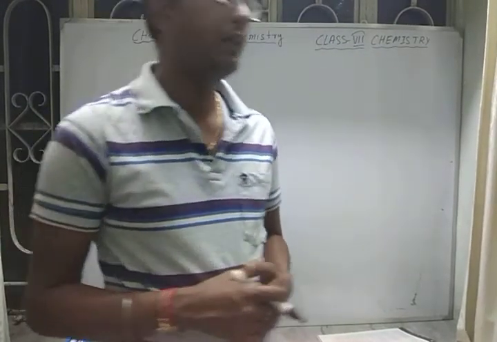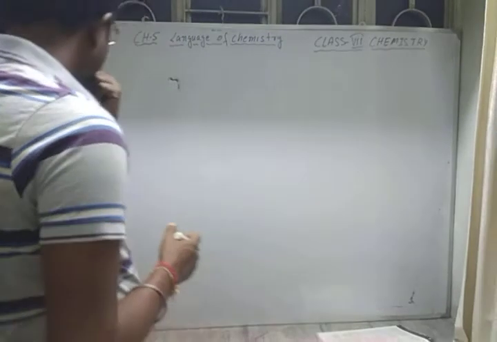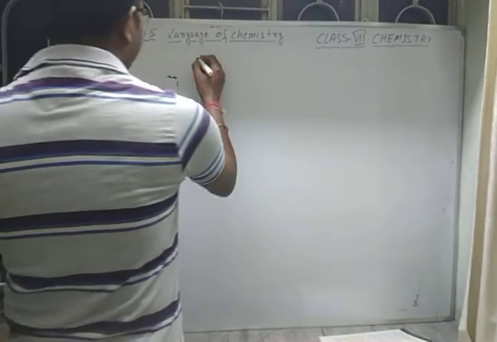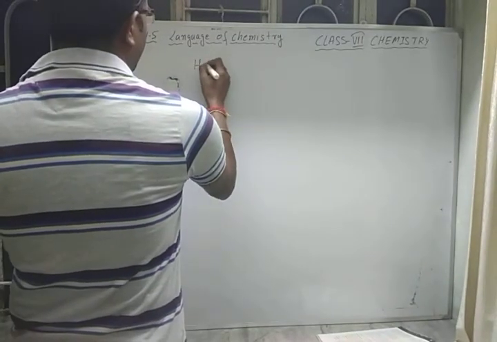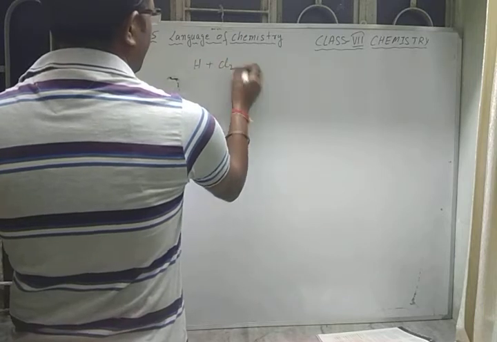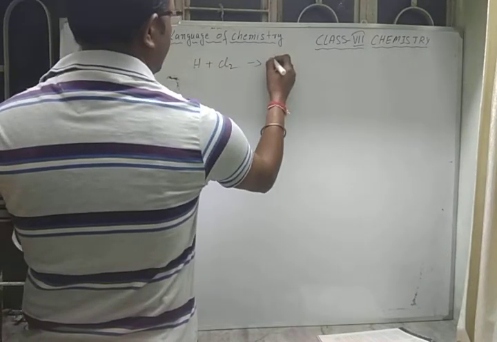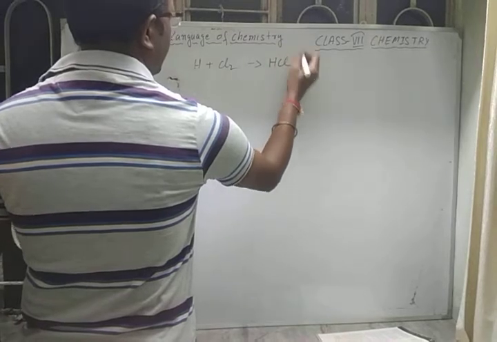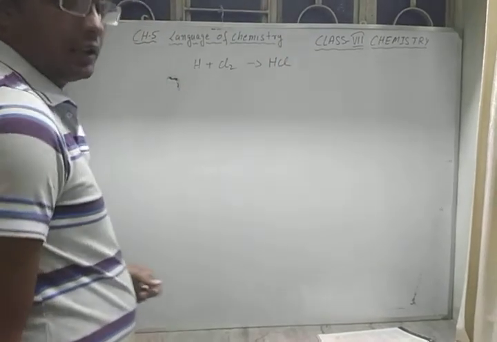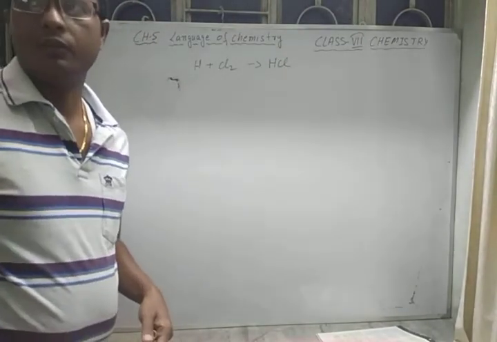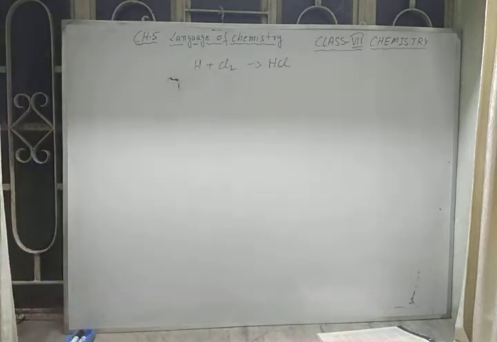One more example I will give you. Suppose hydrogen plus chlorine, it gives HCl, hydrochloric acid.